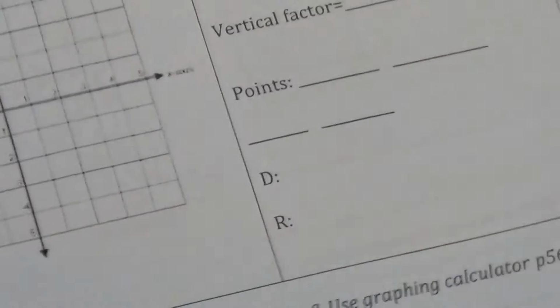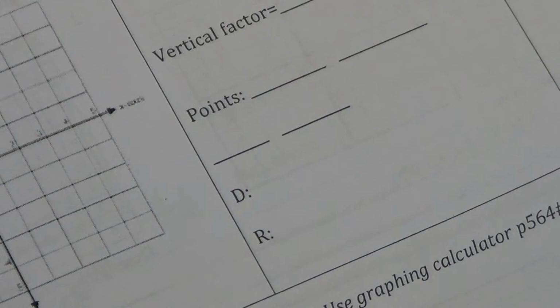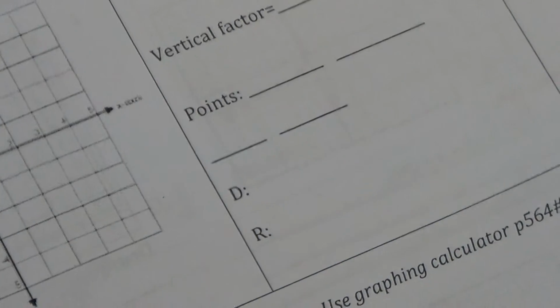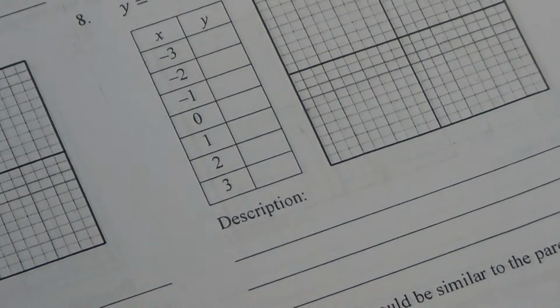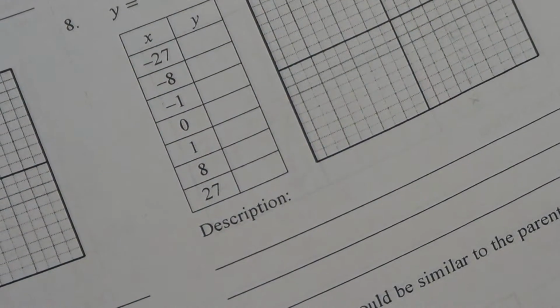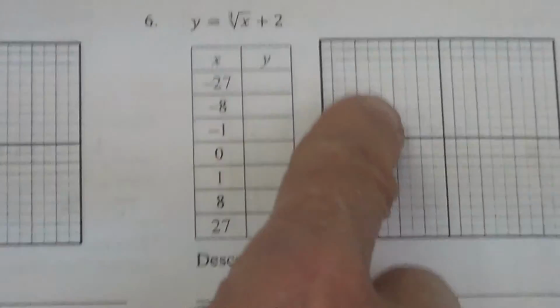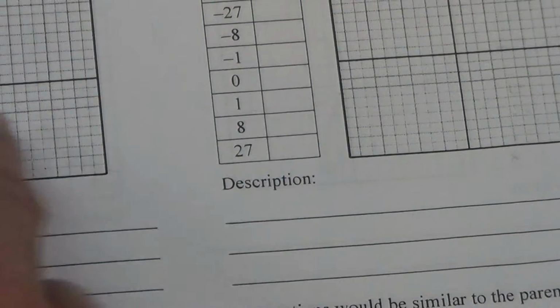Now for the rest of the homework tonight, I want you to go ahead without the video support. I think that you can do this. What you will do is go ahead and finish these graphs. It will be number 4, 5, 6, and 7.